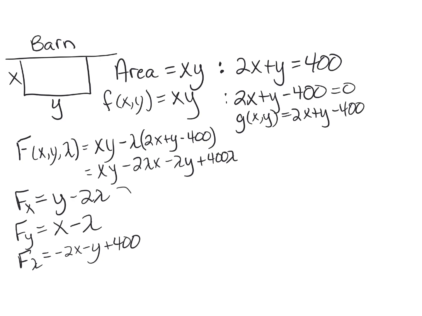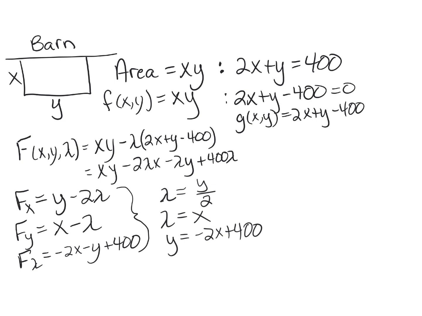Now we have this system that we're going to set each of these equations equal to 0, and I'm going to solve the first two for lambda. The first one, if that equation equals 0, then lambda equals y over 2. The second one, lambda equals x. And then the third one, I'm going to isolate the y because it's easy. I get y equals minus 2x plus 400.